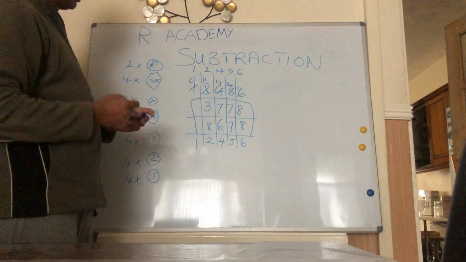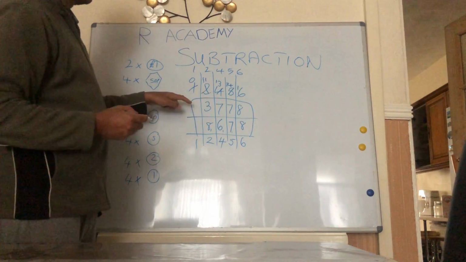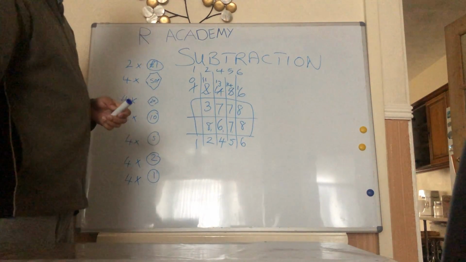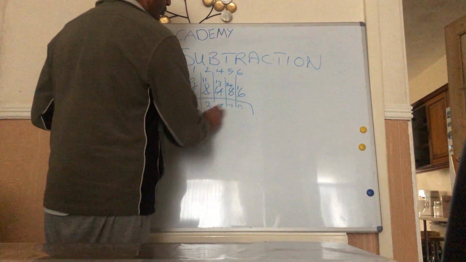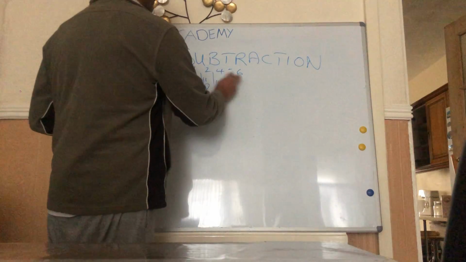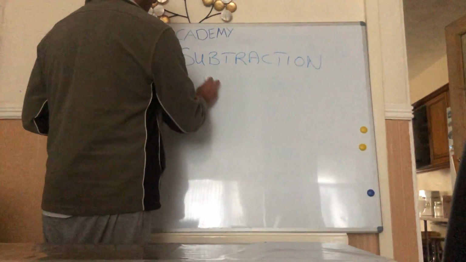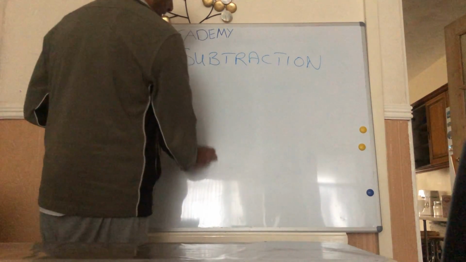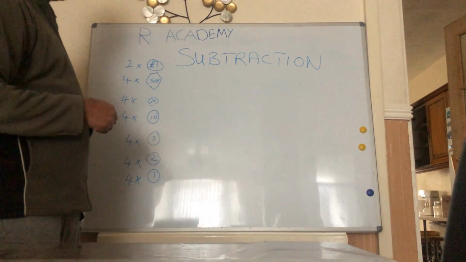So you've proved that your subtraction is correct. And that's basically it, that if you do subtraction, if you do addition at the end of it, that means you can learn both at the same time because they go side by side.